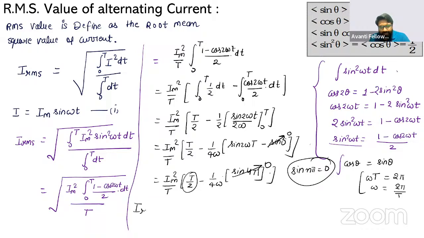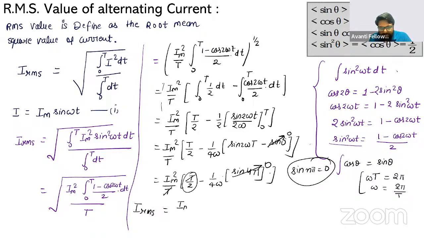So I RMS की value is, and this t and t will cancel out. So it is becoming as I, and one thing we are missing here is the square root, power half. ठीक है ना? So I am mentioning it in the last here.